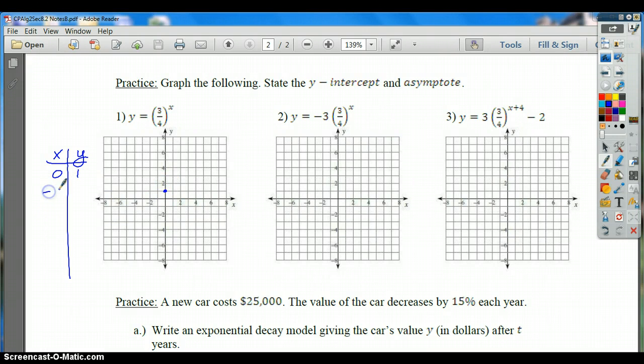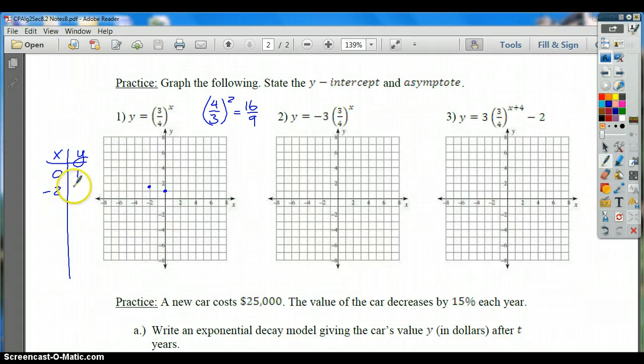If I plug negative 2 in here, that's going to flip 3 over 4. So really this is going to be 4/3 squared when I get rid of that negative here. So this is 16 over 9, okay, which is close to 2. So as I start working to the left here, you can see this is actually increasing.